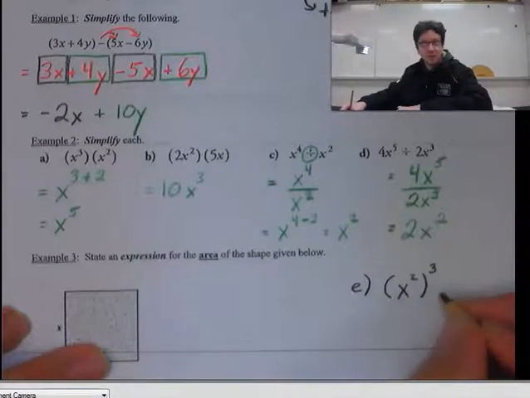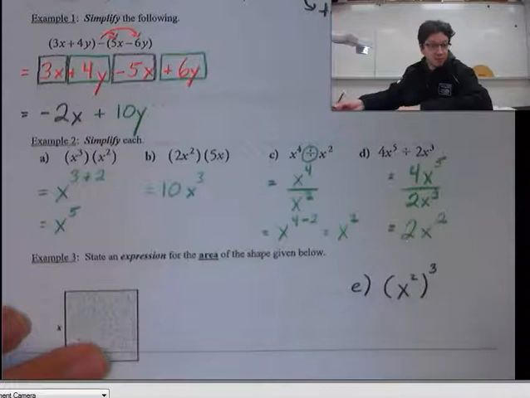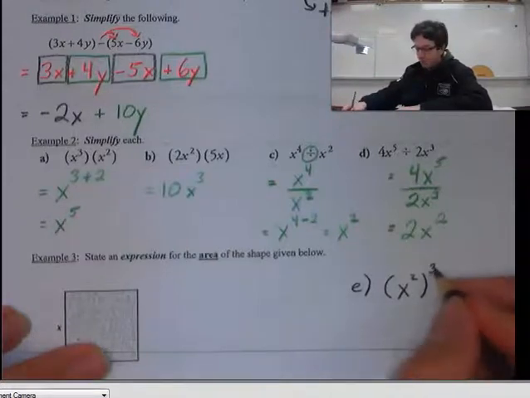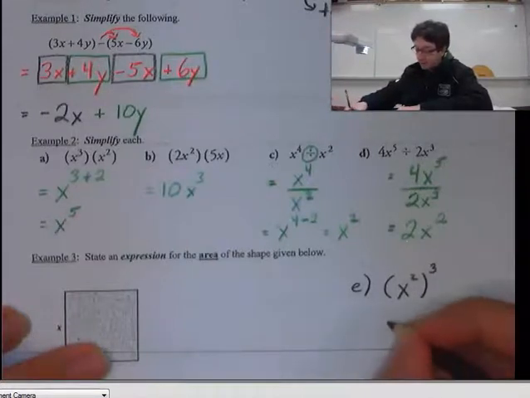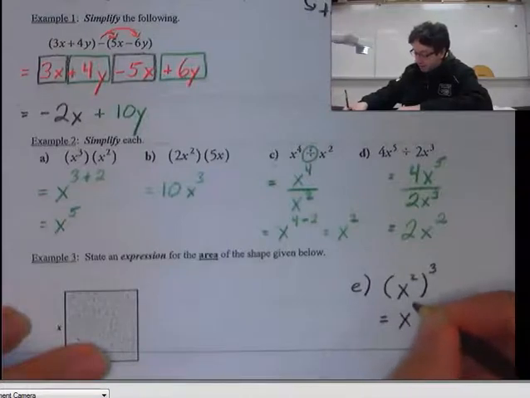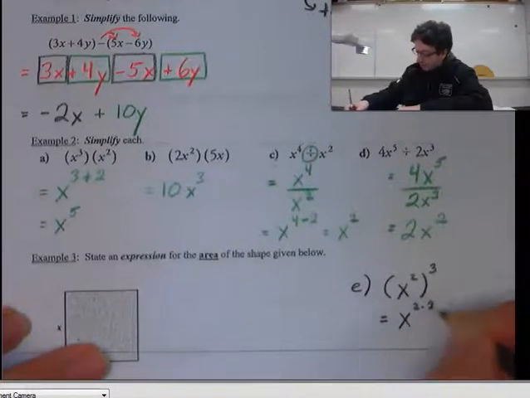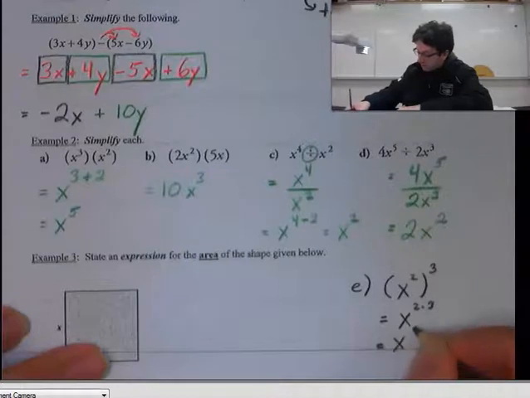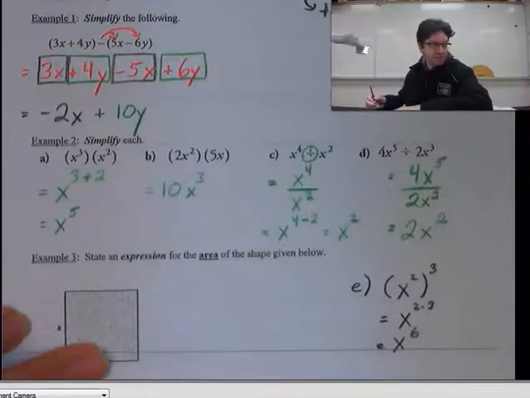So x squared times x squared times x squared. That's just 2 plus 2 plus 2, or 3 pairs of 2, which is multiplication. So that'll equal x to the 2 times 3, which equals x to the 6. So that's our third exponent rule.